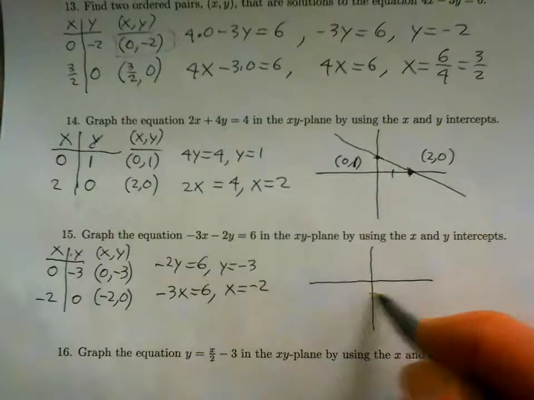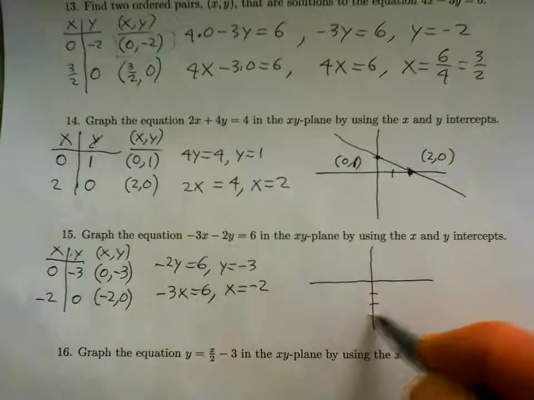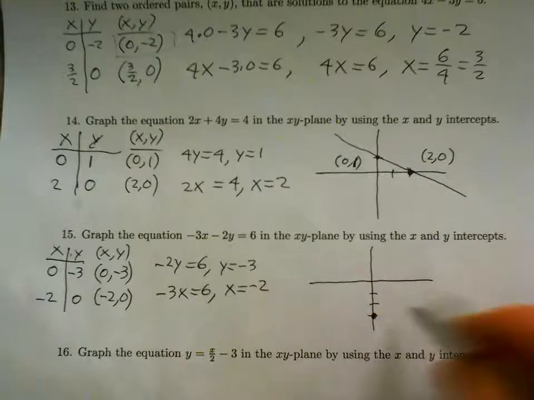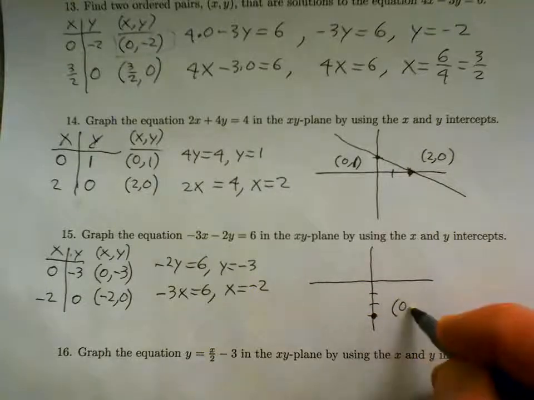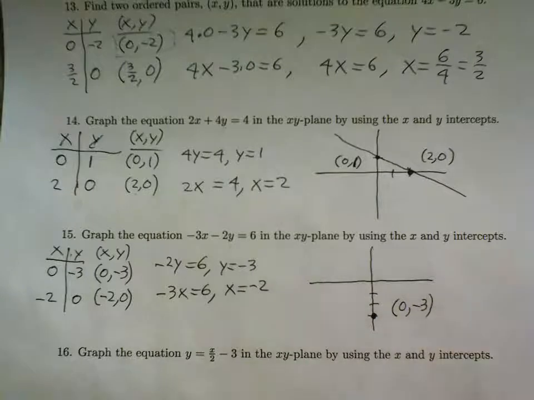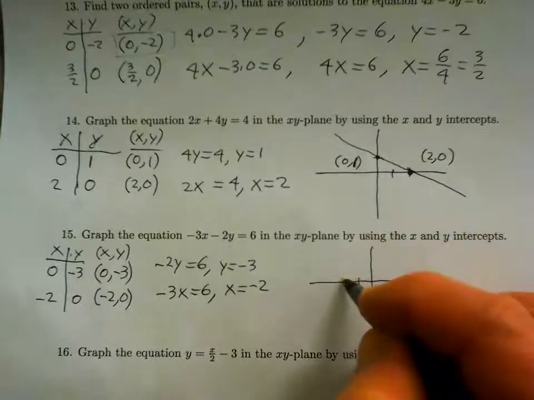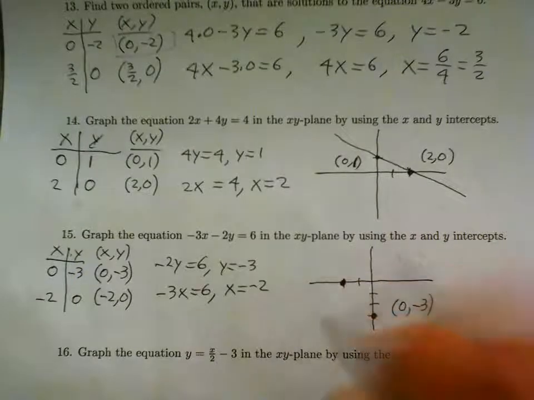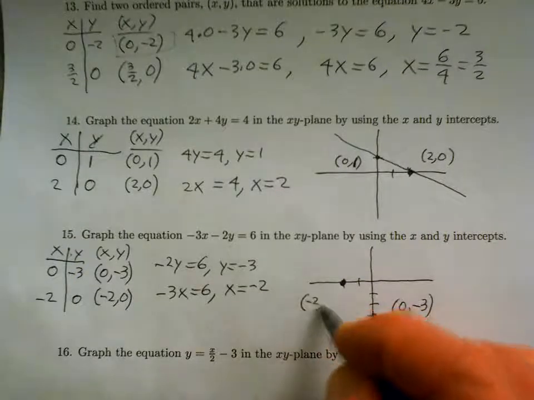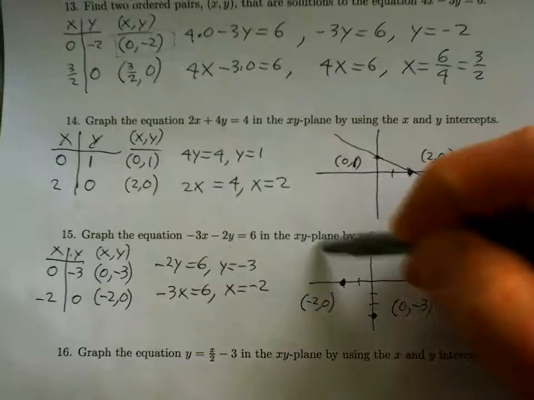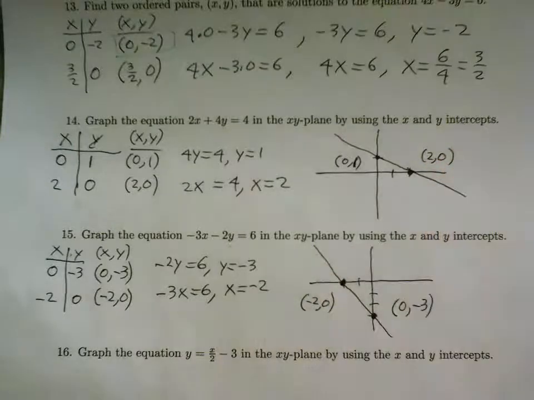Plot the y-intercept (0, -3), and label the ordered pair (0, -3). The x-intercept (-2, 0), and label that (-2, 0), and then graph the line by drawing a line through those 2 points.